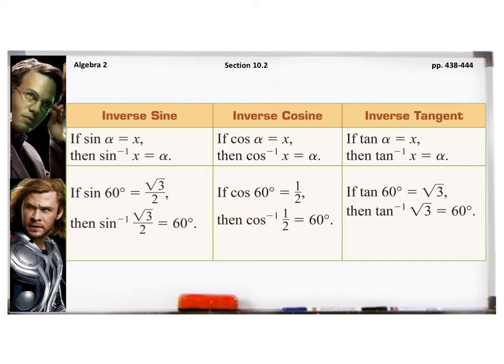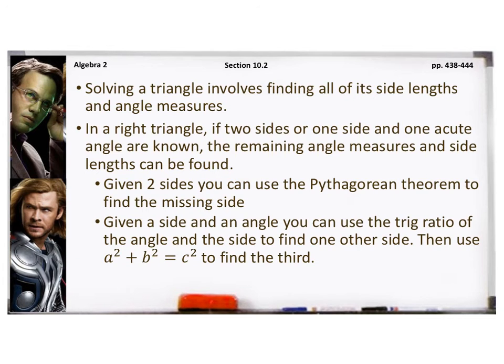This is really critical. All right, solving a triangle involves finding all of its side lengths and angle measures. Okay, so there'll be 6. You have 3 angles and 3 sides. You're going to have 6 values by the time you're done. In a right triangle, if 2 sides or 1 side and 1 acute angle are known, the remaining angles and measures can be found.